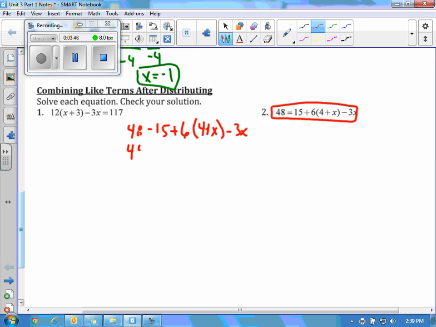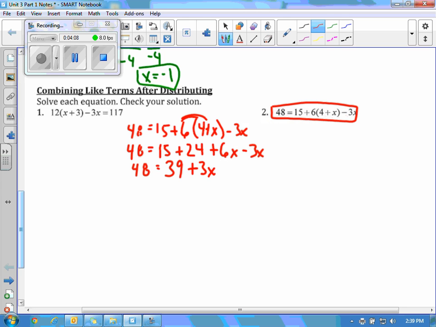So I have 48 equals 15, and then I distribute, so I get plus 24 plus 6x minus 3. Now I need to combine my terms over on the right side, so I can add these constants together and get 39, and then I can subtract the x's and get 3x.